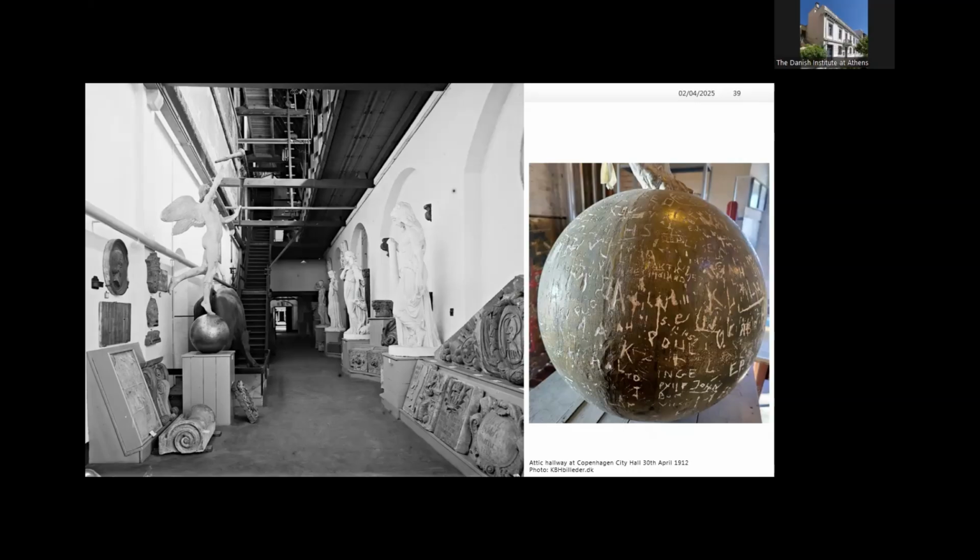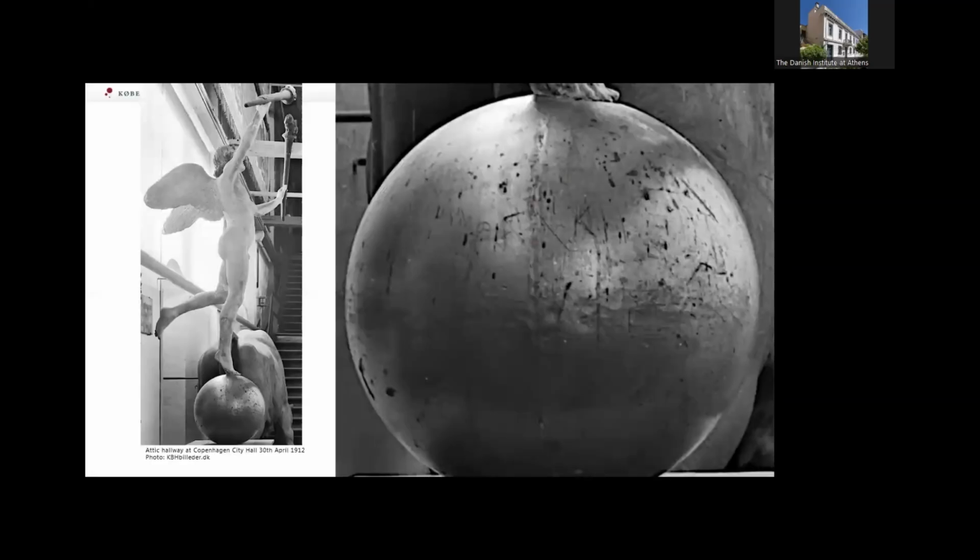Zooming in on the photo, you can see that already in 1912 there was quite extensive graffiti or mark-making on the globe, with classics such as a crude drawing, but also initials, as you see here. There are also some paint drips visible on the surface of the globe.